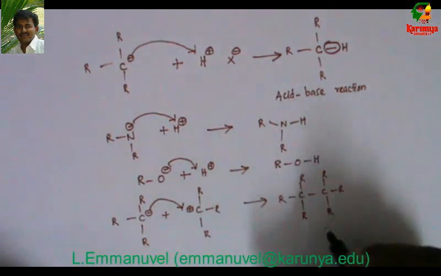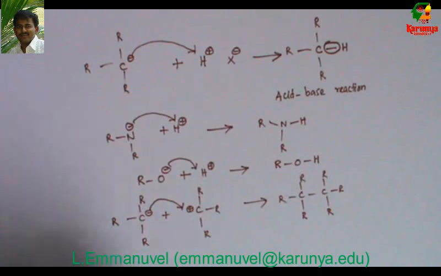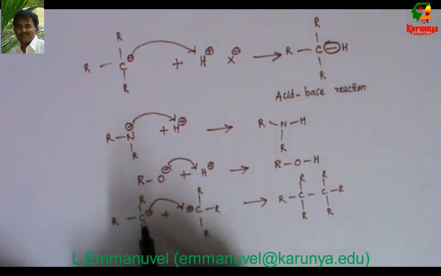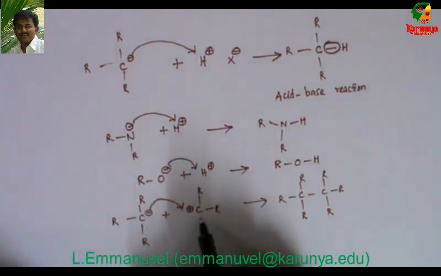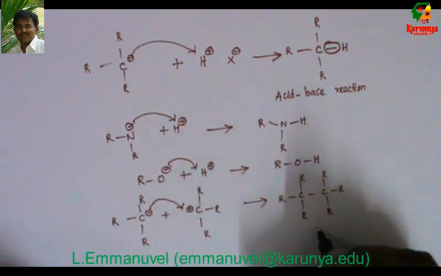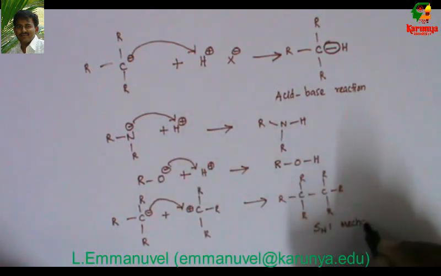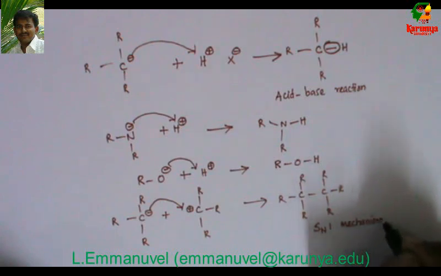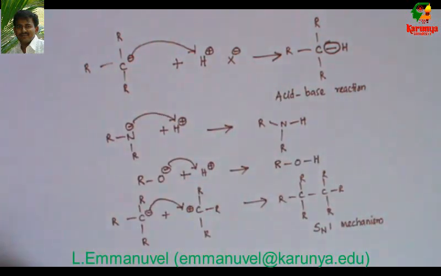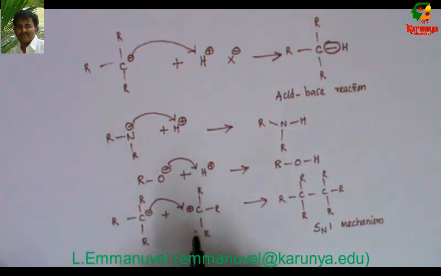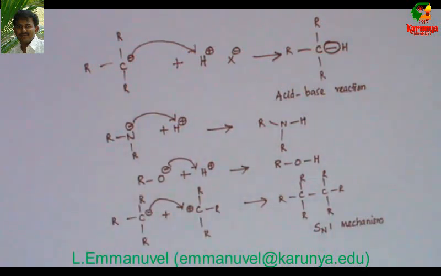So this mechanism in which a nucleophile attacks the carbocation is known as the SN1 mechanism. The earlier one is an acid-base reaction. The second one is the SN1 mechanism. In this, a carbocation will be formed that will be attacked by the nucleophile.